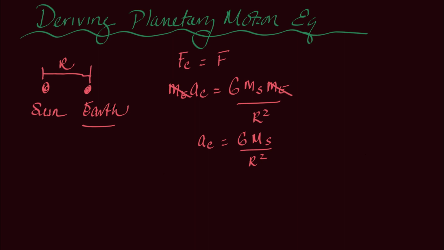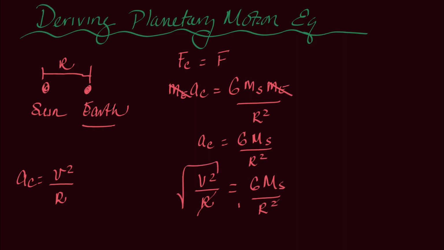To solve for the velocity that the planet or the satellite must maintain to keep its orbit, we must substitute in for AC. We know centripetal acceleration is also v squared, velocity squared, over the radius. So v squared over radius for AC is equal to G Ms over r squared, and r on the bottom cancels out, and then we take the square root.